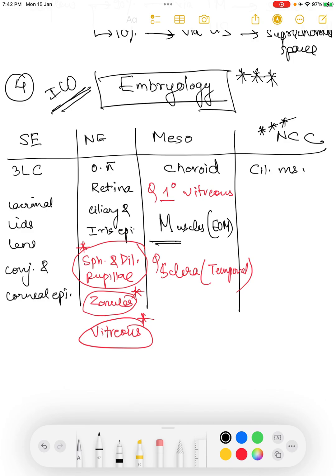Again, all the layers of cornea. But you can see corneal epithelium has already been formed by the surface ectoderm. The rest of the layers, Bowman's, stroma, Descemet's, Dua's, endothelium, are by neural crest cells.